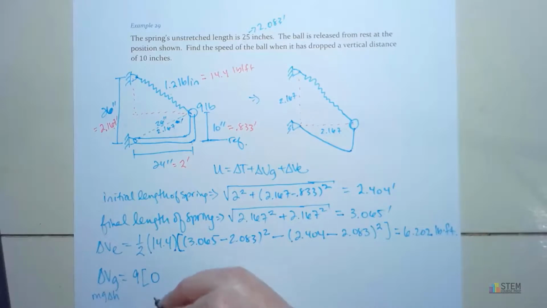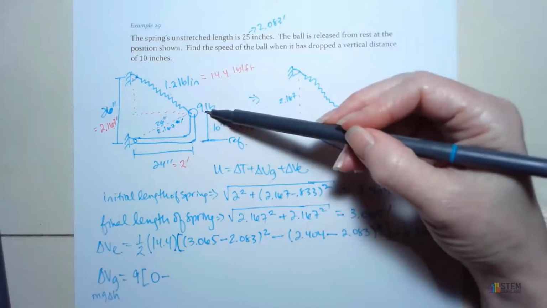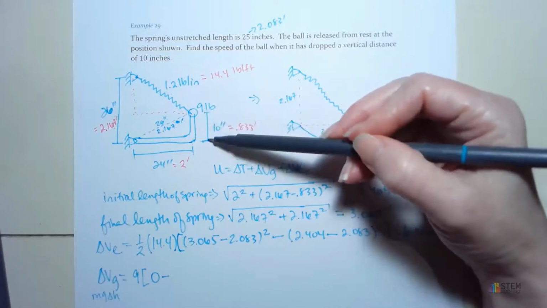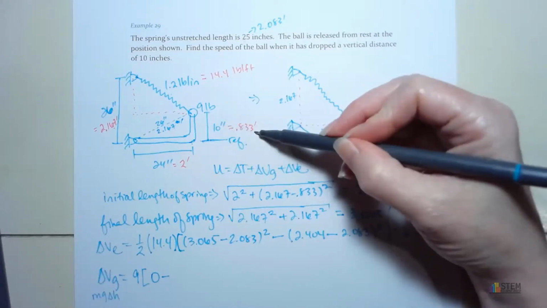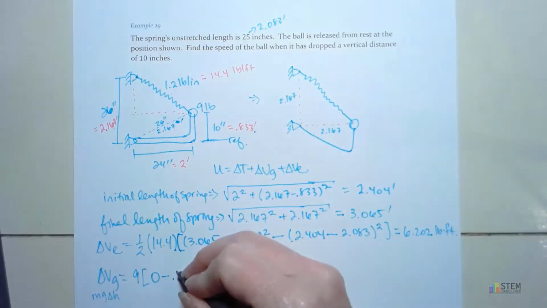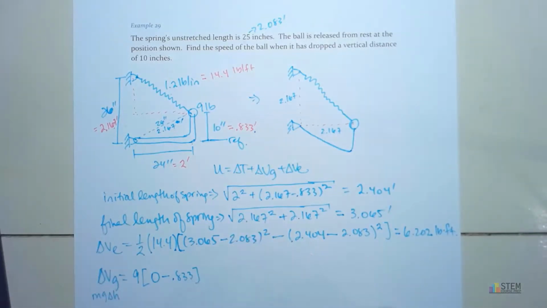So that'll be 0, and then initially we're up here. So if I'm up here, then my H1 has to be 0.833. Now you're going to get a negative number. You get negative 7.497. Right? And again, that's foot-pounds.